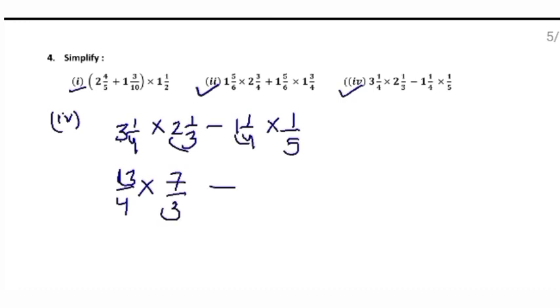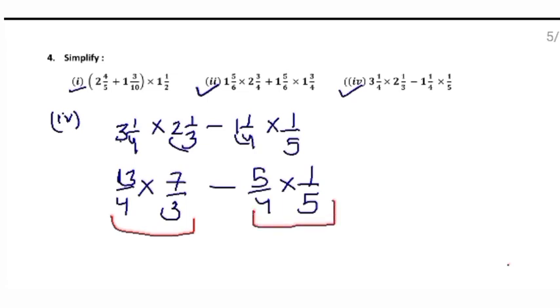Minus 4 1s are 4 plus 1, 5 upon 4. Multiply 1 upon 5. According to BODMAS, firstly we solve the multiplication instead of subtraction. Okay, so check in this part, are numerator or denominator divisible by any same number? No. We will solve this part now.